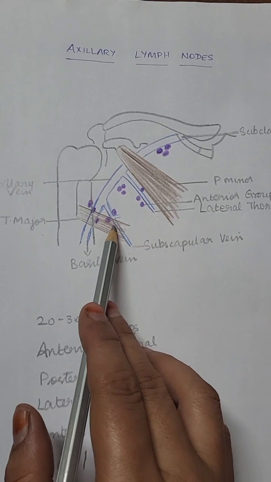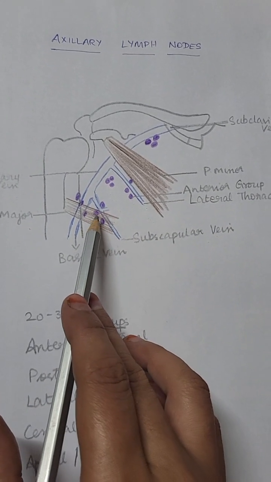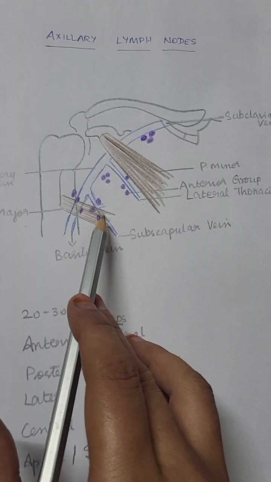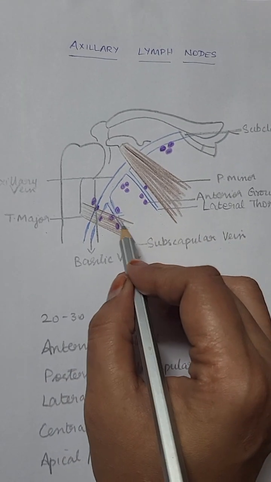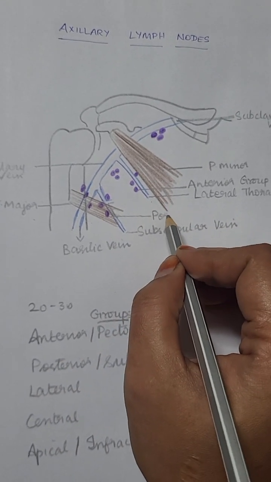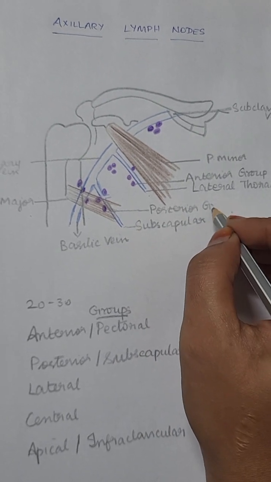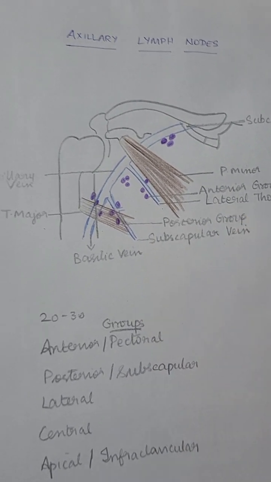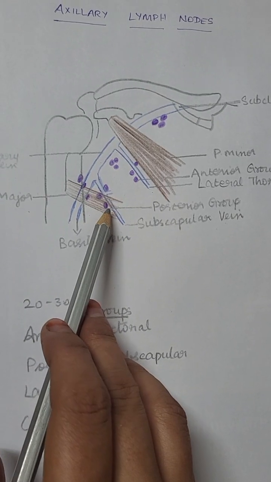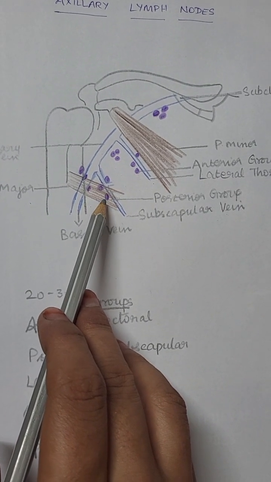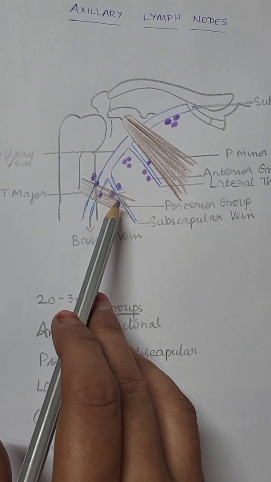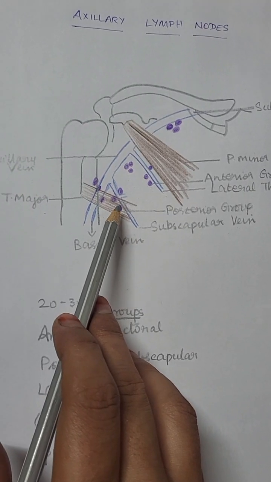Coming to this group of lymph nodes, which are situated along the posterior axillary fold along the subscapular vein, these are the posterior group, otherwise called subscapular group. This group drains the upper half of the trunk posteriorly and also the axillary tail of Spence.